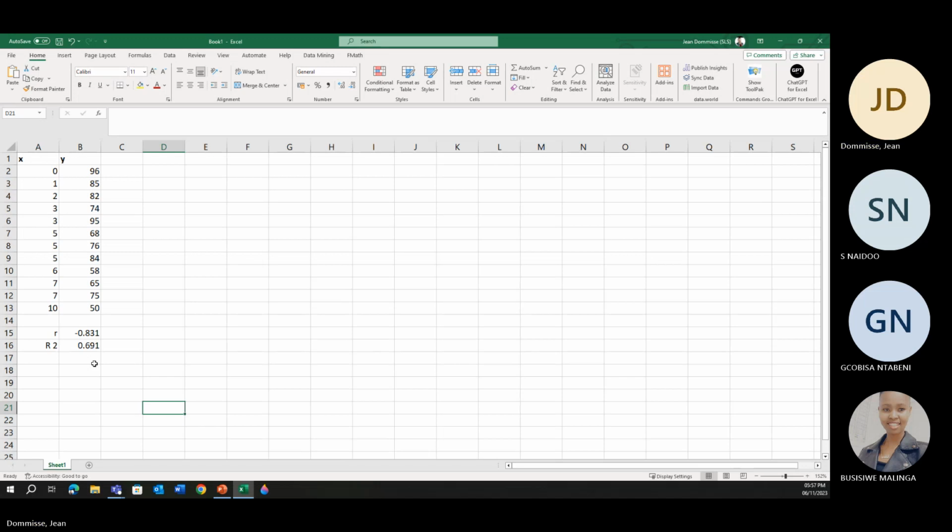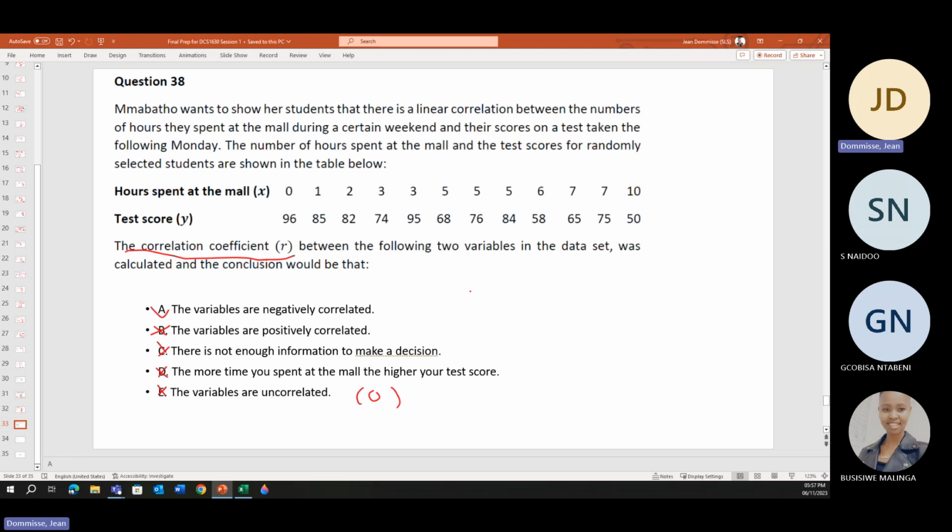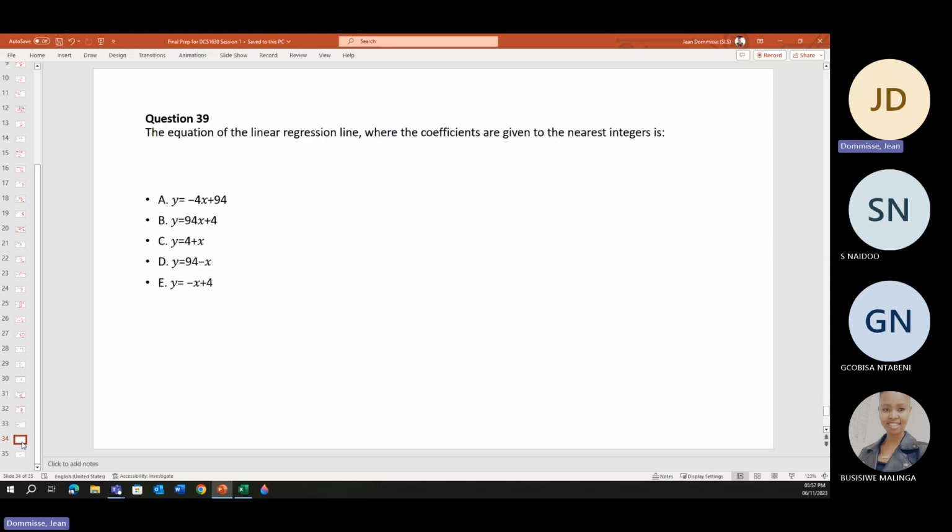Okay, then what they have given us is, and let me just quickly go to the next question, the same set of data. We must then work out what the regression line is. Okay, so remember, the regression line is mx plus c.